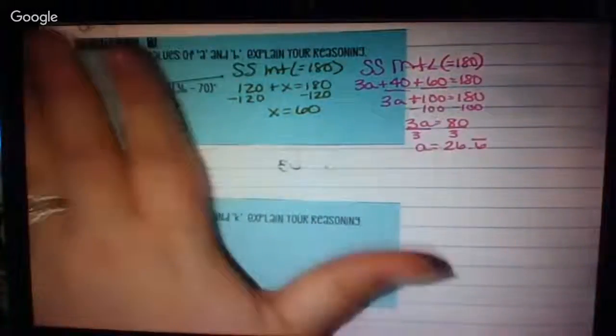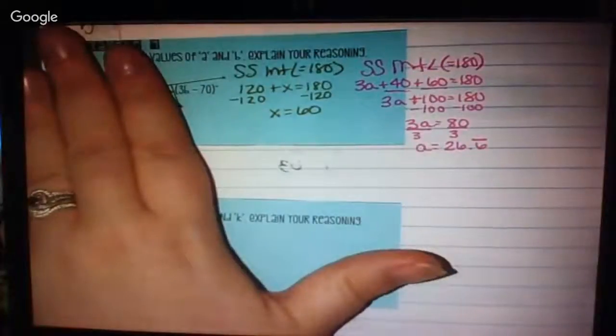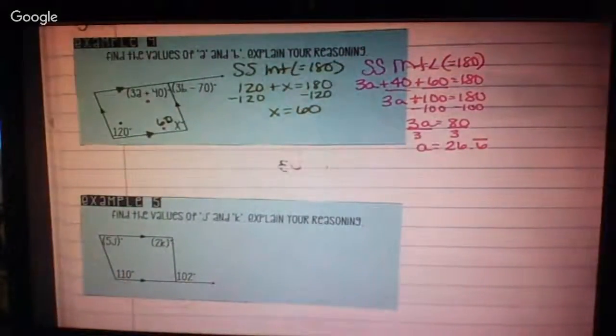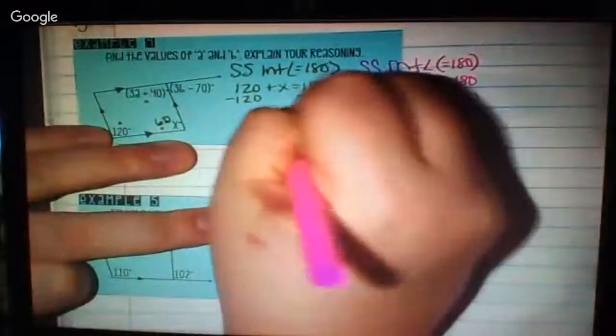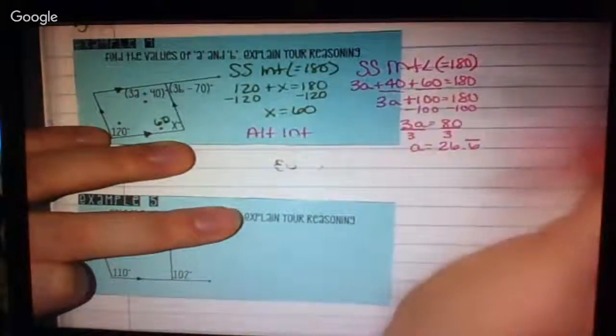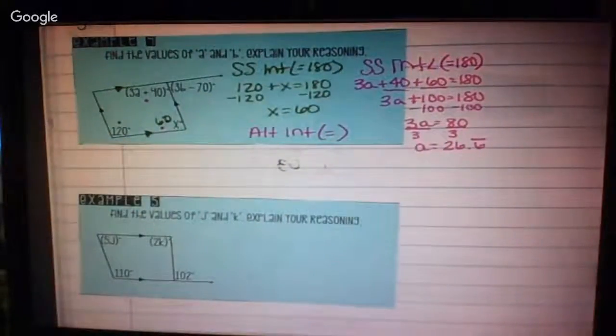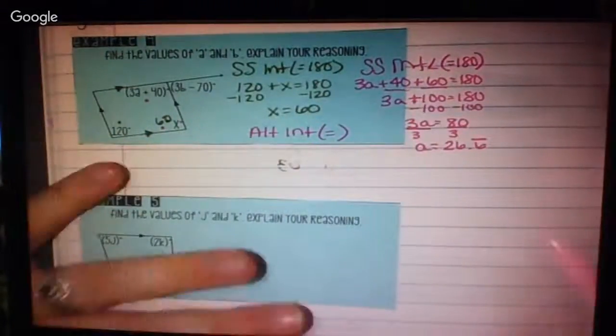But according to my transversal, they're now opposite. So these are alternate interior angles. And if they're alternate interior, they're what? Equal. Okay, you've got to remember whether they're equal or whether you add them together to get 180.